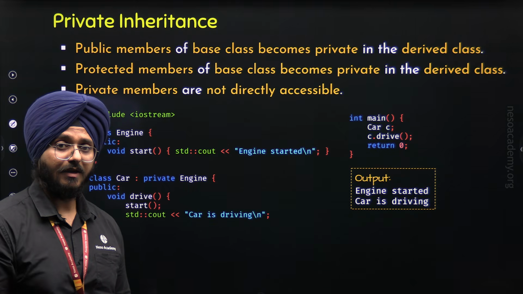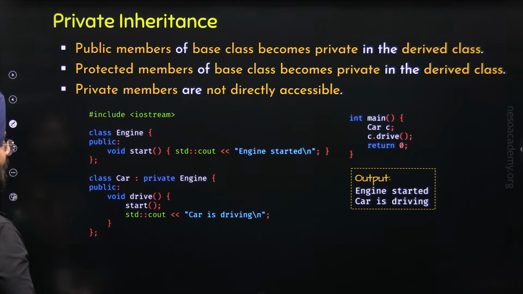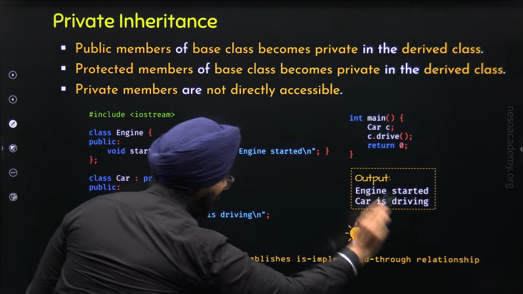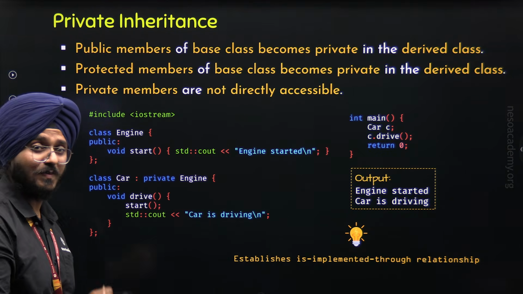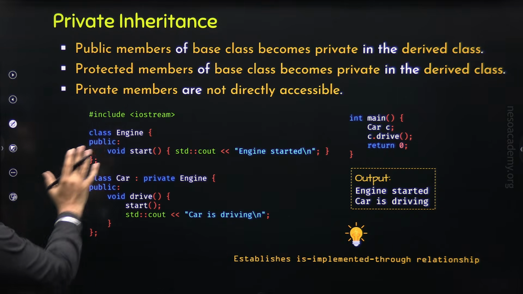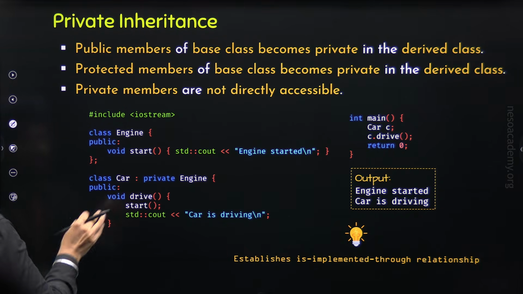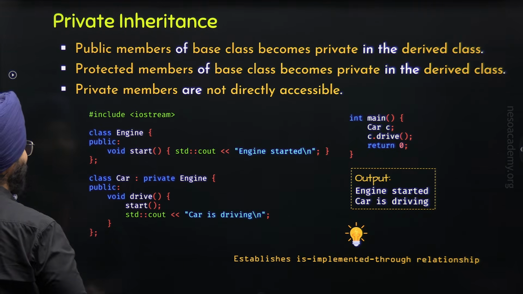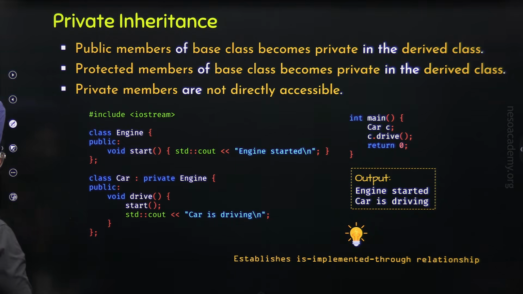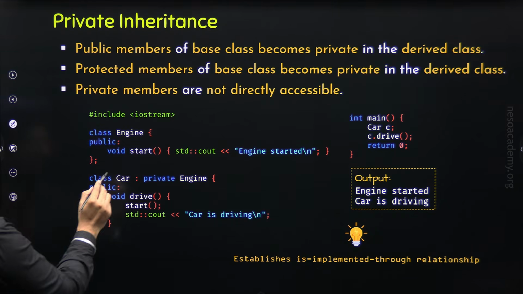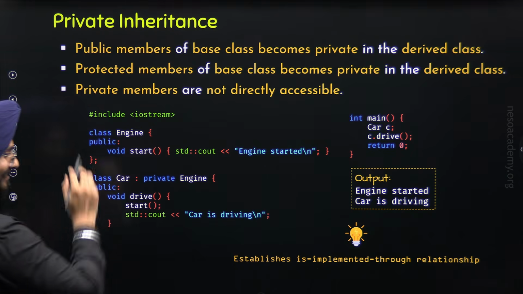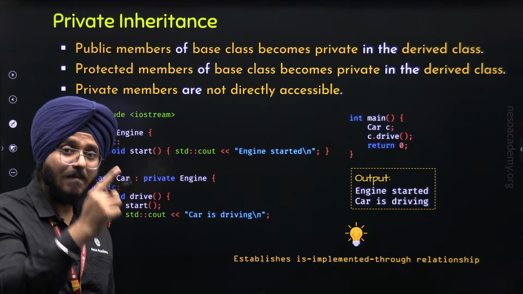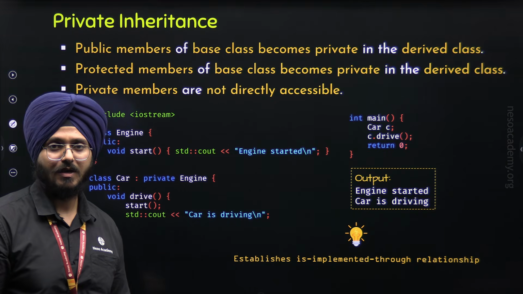Now understand one thing. Private inheritance establishes an is-implemented-through relationship. Now, what does this mean? Let's understand this through this example. Here, an is-implemented-through relationship is established between engine and car. We can say car is implemented through engine. Car is not an engine, but car is implemented through engine.